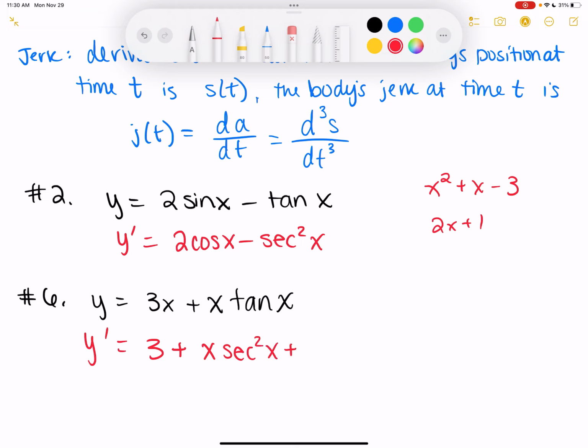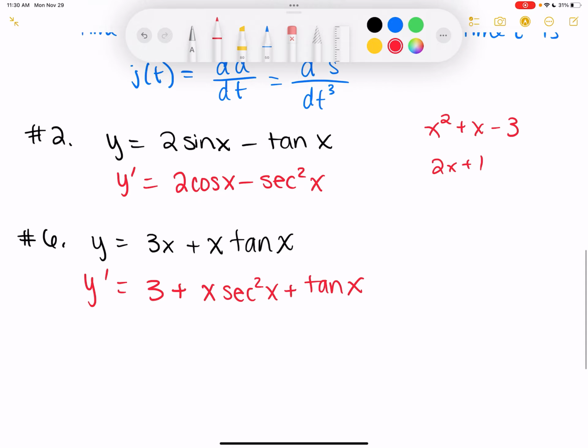Plus the derivative of the first, which is 1, times the second, which is tangent of x. And so that's all you have to do for that one. If it was x squared tangent of x, for that second part it would have been 2x tangent of x, but that's all you have to do for this one since it was a little bit more simple.